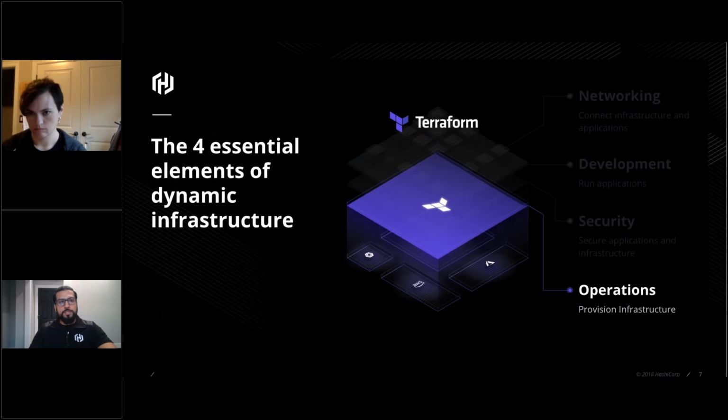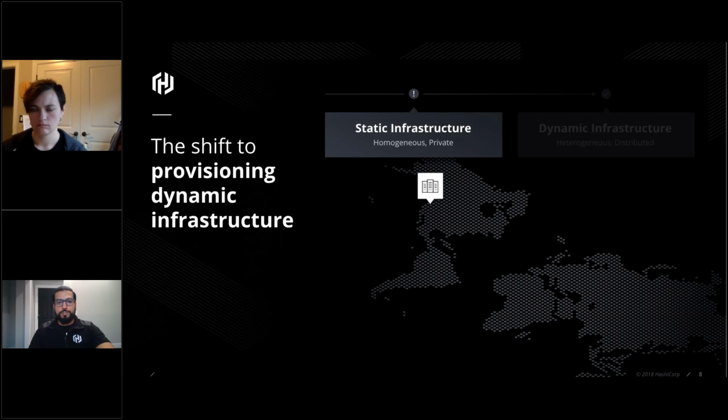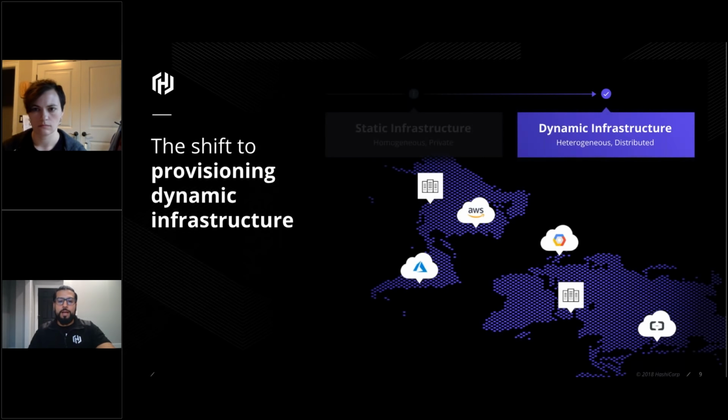So now the shift that we're seeing in terms of infrastructure, right, is this manual, single data center or on-prem data centers, where we have a lot of manual provisioning and all of that. And we're seeing that shift going from the static infrastructure into a dynamic infrastructure where we have multiple clouds, we have multiple data centers, and we're working a lot more with ephemeral services, so short-lived services.